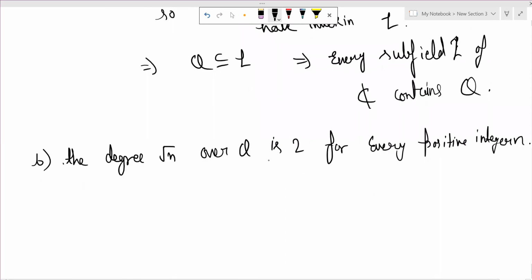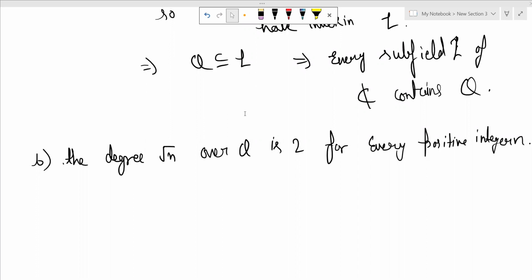So is this true or not? Muthukumar, is this true or not? Because the polynomial x squared minus n, is this the minimal polynomial always for any n?